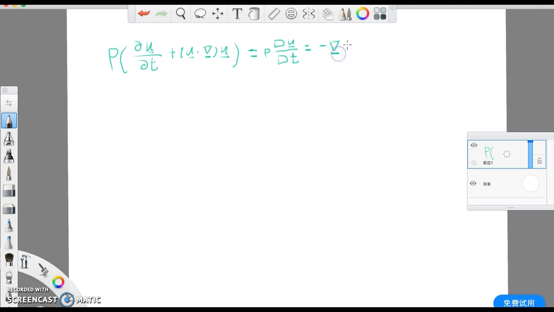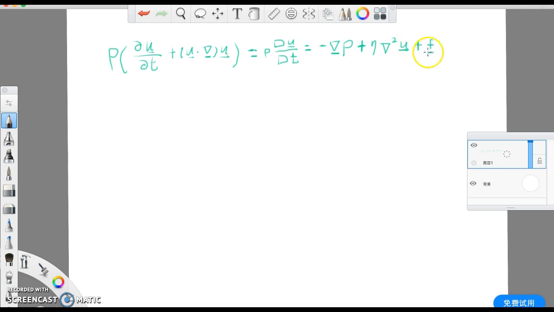gradient of pressure. That's the pressure force, plus, if you assume a zero divergence of the velocity, namely incompressibility, you will find there is a term proportional to the Laplacian of u, and plus whatever body force term you have.